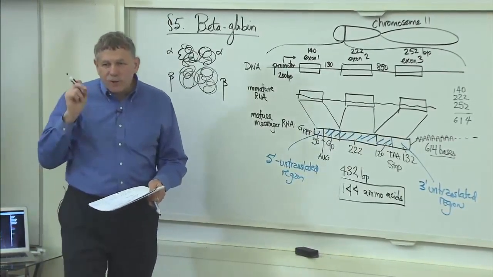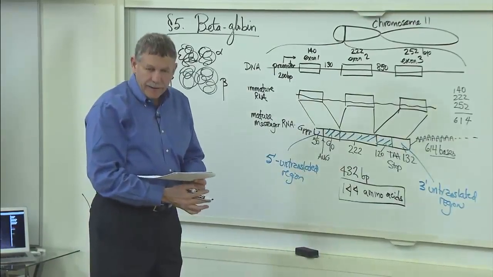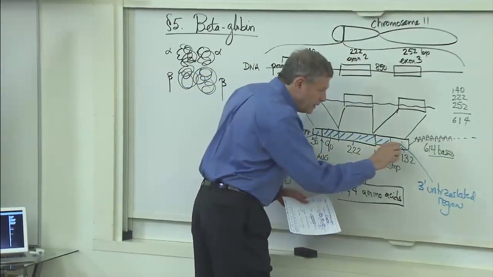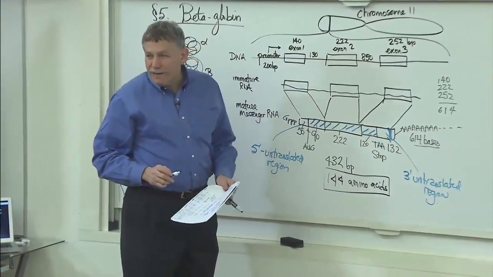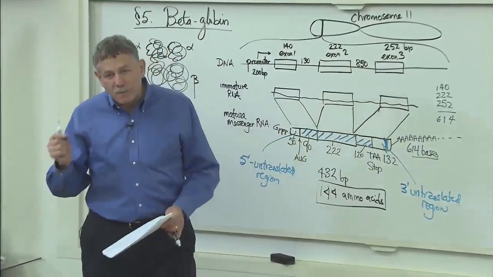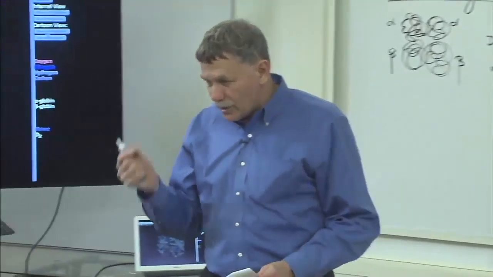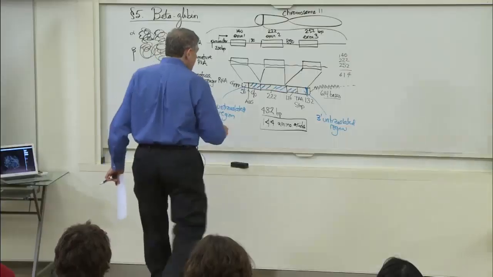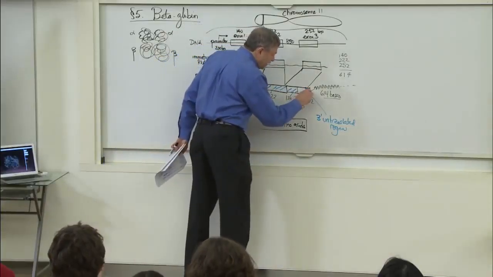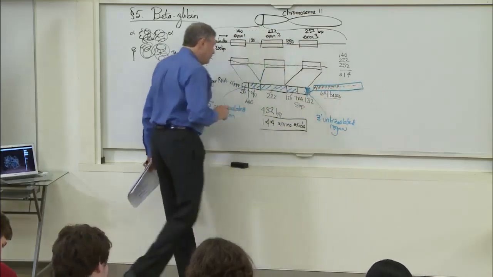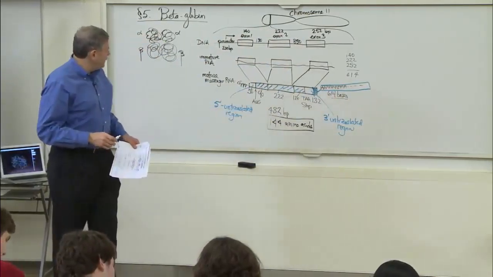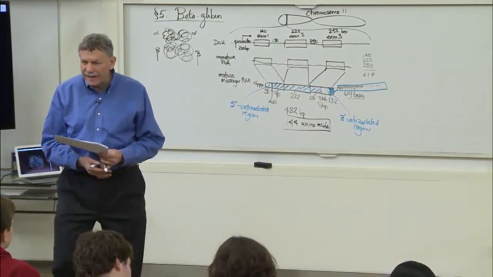There's a particular sequence at the end that is recognized and cut, and that's where the poly A tail is put on. The place where it's cut and the poly A tail is put on is called the polyadenylation site. All very reasonable. So there's a polyadenylation site here, it gets cut, and we put on the long tail of A's. That's pretty much it. That's what a gene kind of looks like.